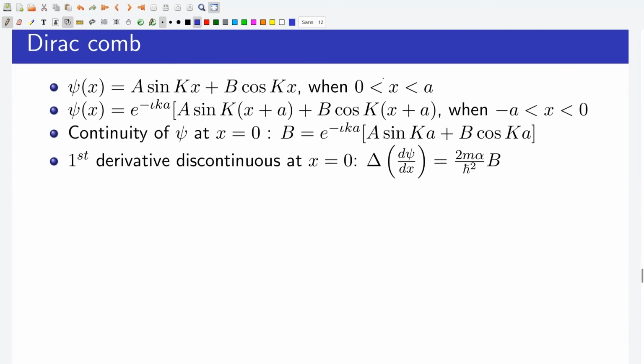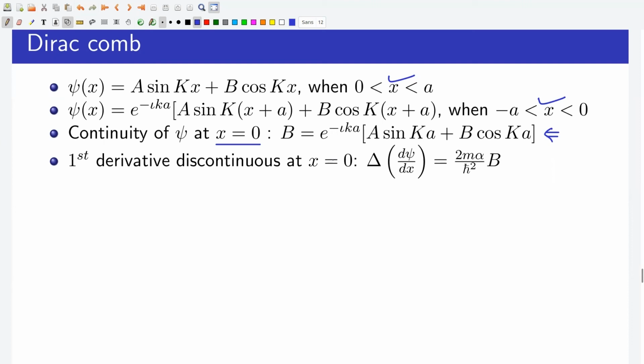So this is the wave function when x is between 0 and a, and this is the wave function when x is between 0 and minus a. We know that these two wave functions must be continuous at x equal to 0, and that gives us this equation. Now we want to calculate the discontinuity of the first derivative at x equal to 0.